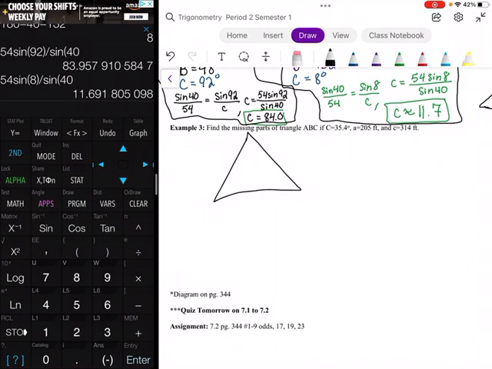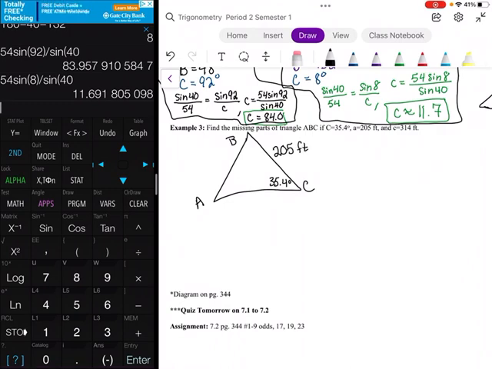And we know that C is 35.4, a is 205 feet, and c is 314 feet. And we're going to find our missing parts.